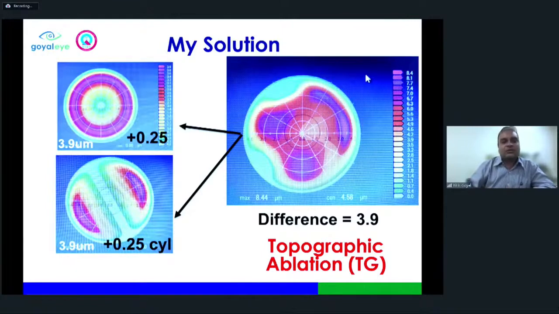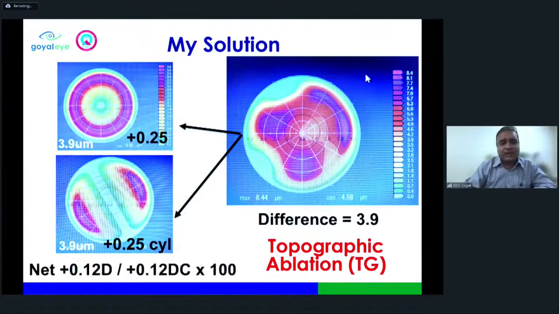Here too, the max ablation would be 3.9. Considering that if I would add the two, it would be very high. Let's take half of both, and let's take it that the net effect of this topographic ablation would have a refractive effect of plus 0.12 diopter sphere and plus 0.12 diopter cylinder.